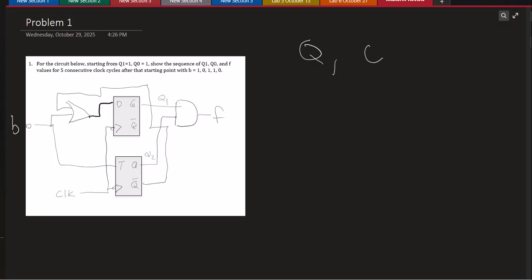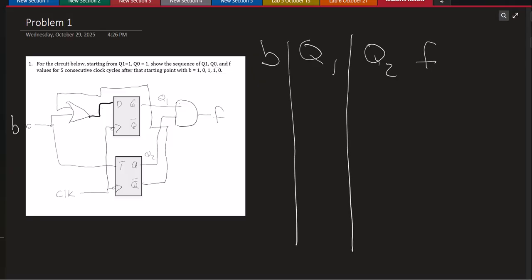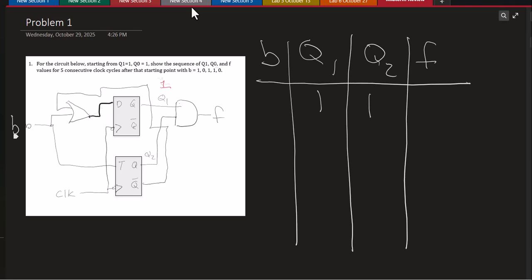Q1, Q2, B, F. And we're starting with both of these equaling 1. So when we start, Q1 is 1 and Q2 is 1. And the clock is going into both of these flip-flops, so the clock is the actual clock.